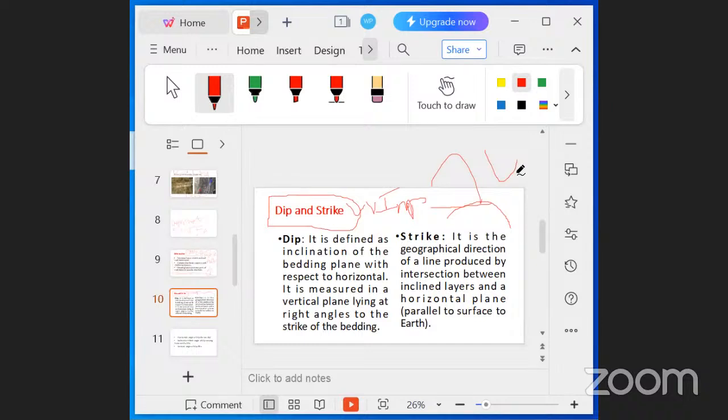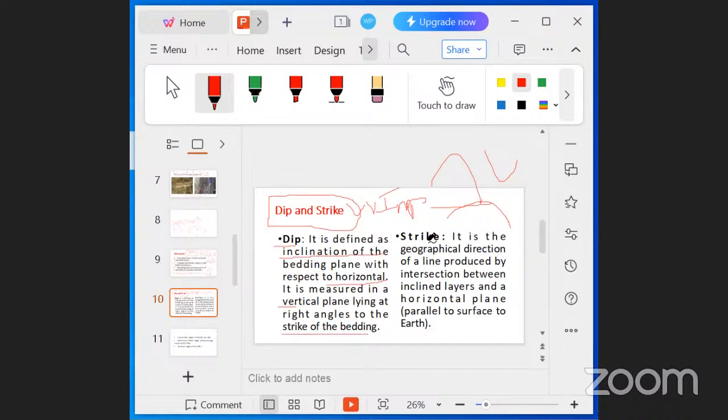Now, what is the dip? Dip is defined as the inclination of the bedding plane with respect to horizontal. It is measured in a vertical plane lying at right angles to the strike of the bedding.